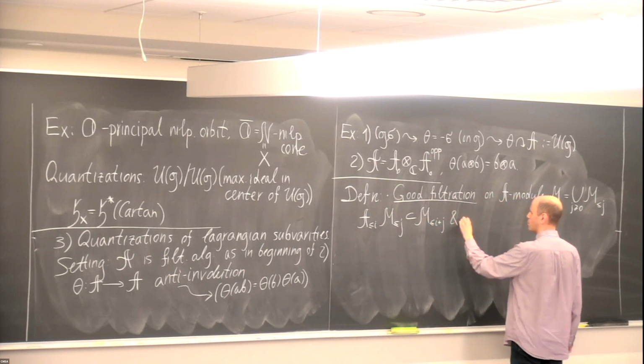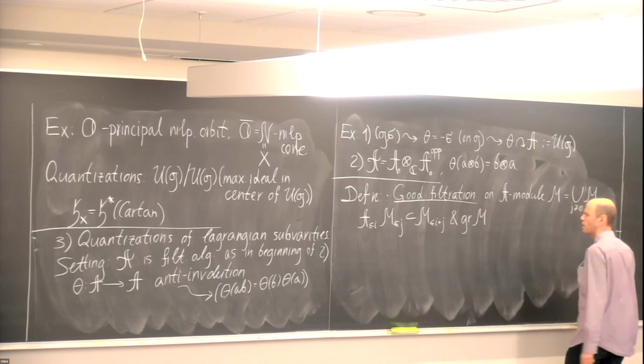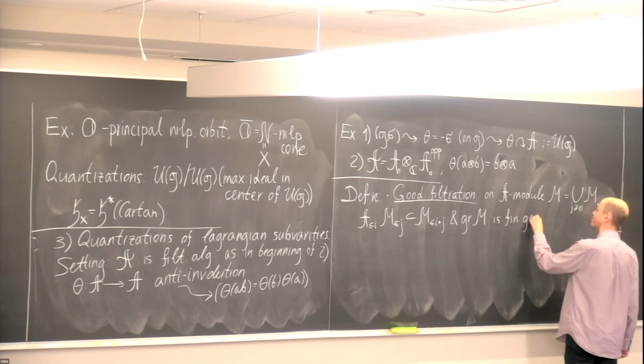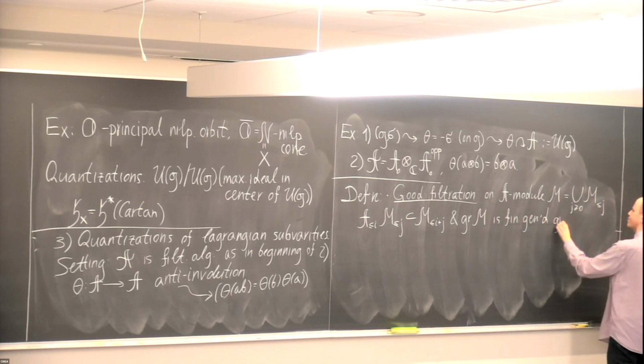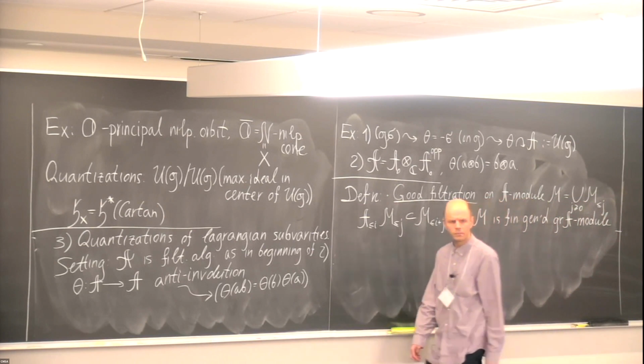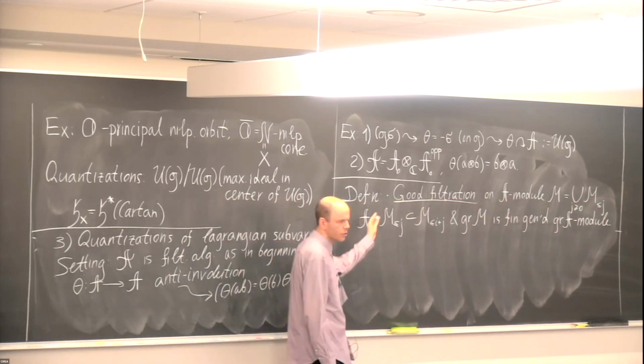And good refers to the condition that the associated graded module for this filtration is finitely generated. That's a classical theorem: in every finitely generated A-module there is such a filtration.